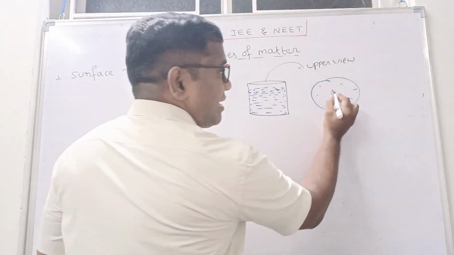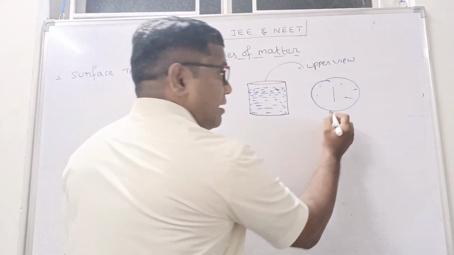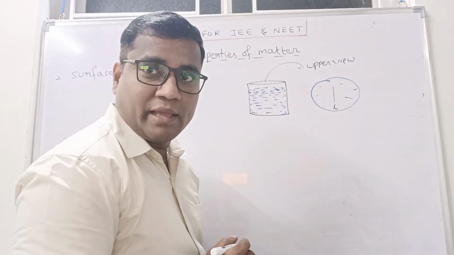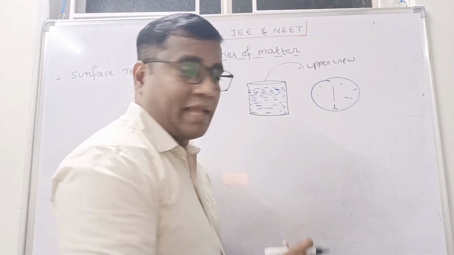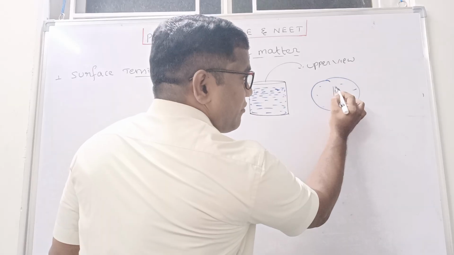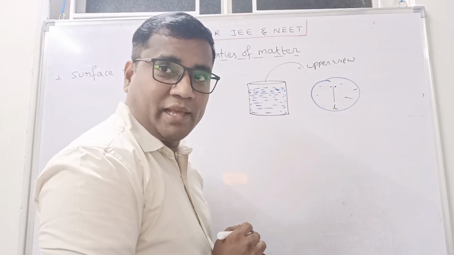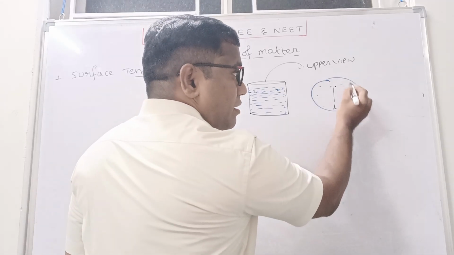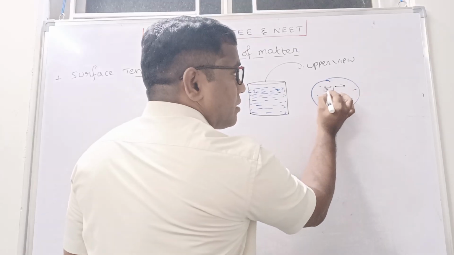Just imagine one line here, a line of length L. When we consider an imaginary line of length L, on this side one particle will be there, on this side one particle will be there, right? Clear? Due to the remaining molecules, there is a force of attraction.